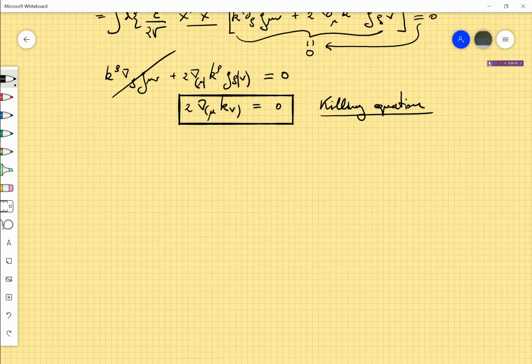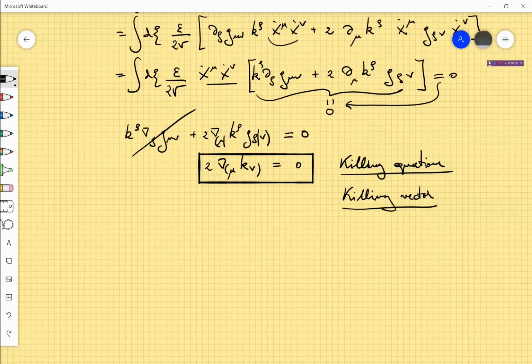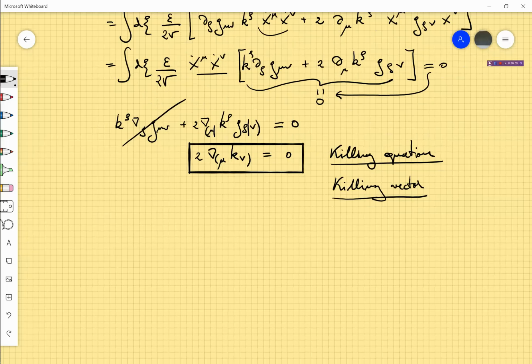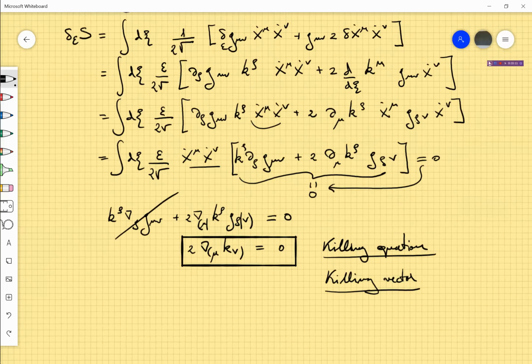This is the Killing equation, and any solution of this equation, so any vector that satisfies this equation, is called a Killing vector, and it's Killing with capital K because it's the name of somebody. Okay, so this is the condition when K is a vector that satisfies this equation. So it is a Killing vector.